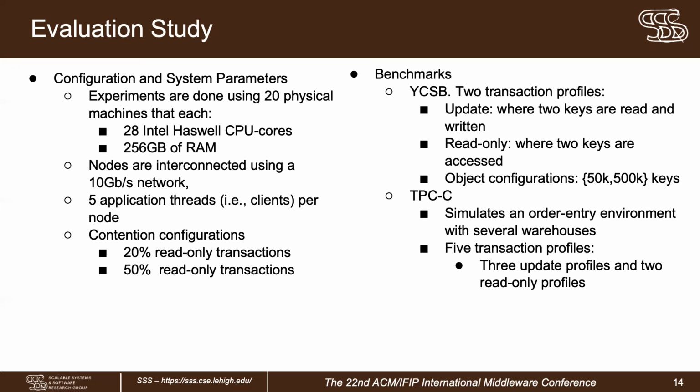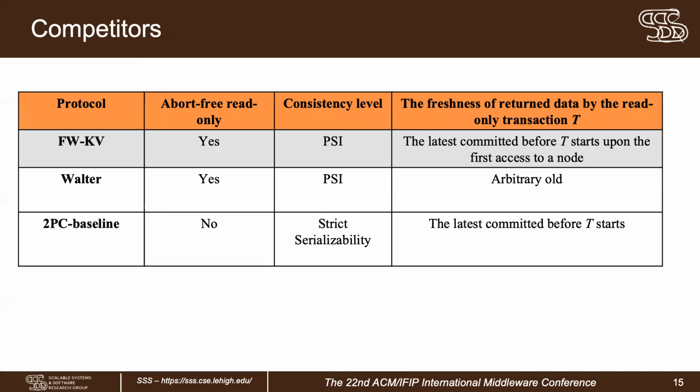TPCC has 5 transaction profiles, 3 update profiles, and 2 read-only profiles. In terms of the competitors, we compared FWKV with Walter and a two-phase commit baseline. Both FWKV and Walter are PSI protocols. The two-phase commit baseline is a strict serializable protocol, and it's stronger than PSI.